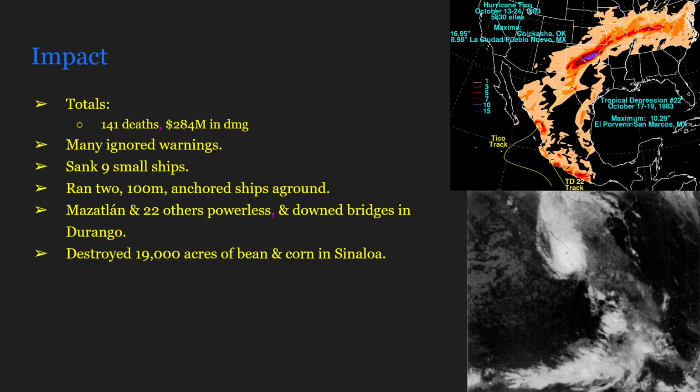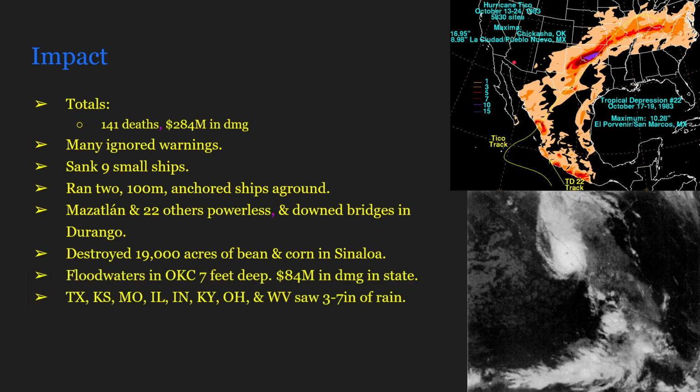Tico is responsible for destroying 19,000 acres of bean and corn in the Sinaloa region, and in the United States, floodwaters in Oklahoma City reached apparently 7 feet deep. $84 million in damage was seen just in Oklahoma alone, which is insane. That's a large chunk of the dollar in damage amount by Tico.